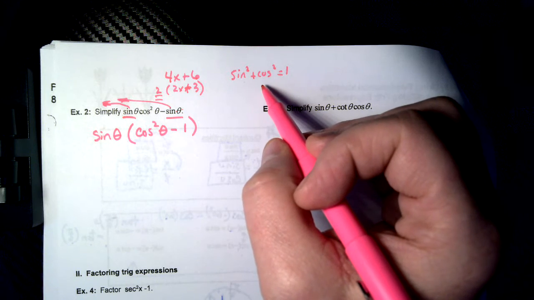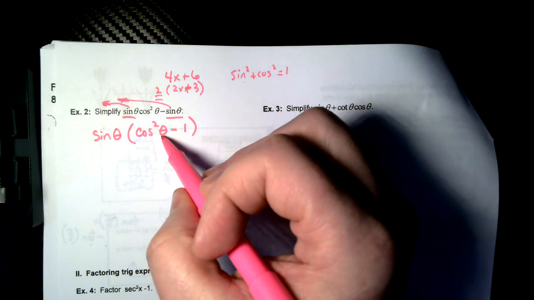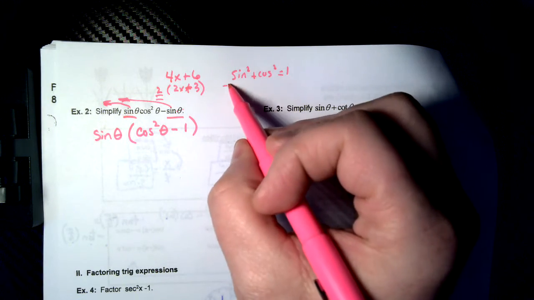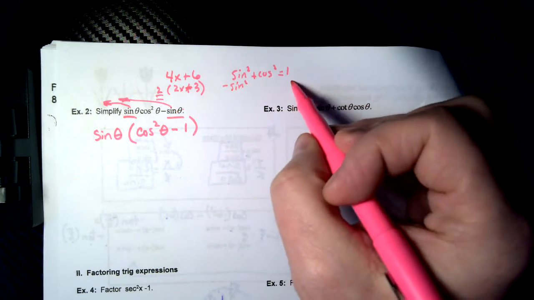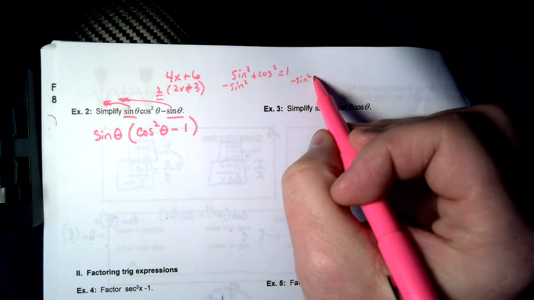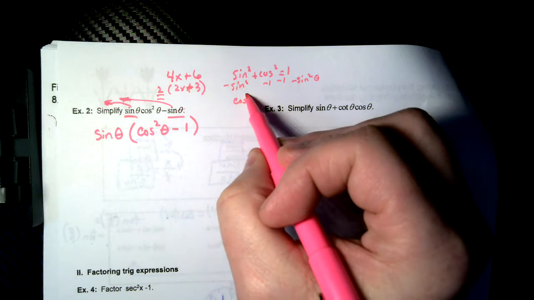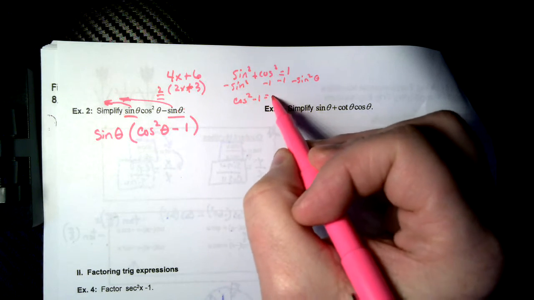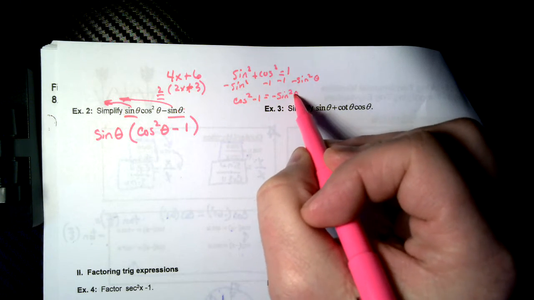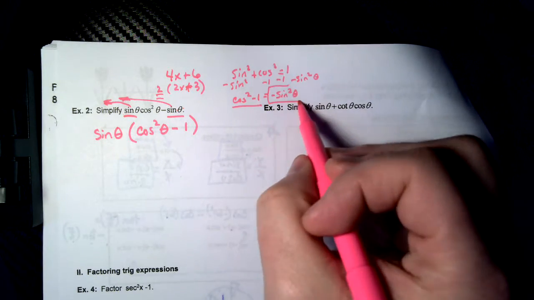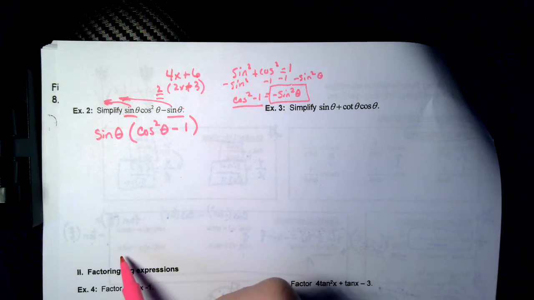So I got to get it to look like this. Let's subtract sine squared theta and subtract the 1. And I get cosine squared minus 1 equals negative sine squared theta.